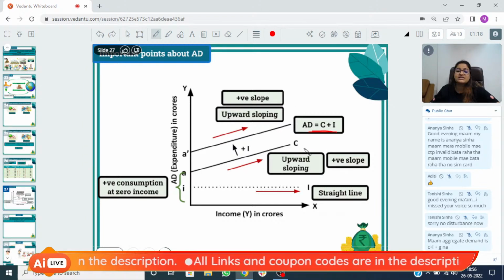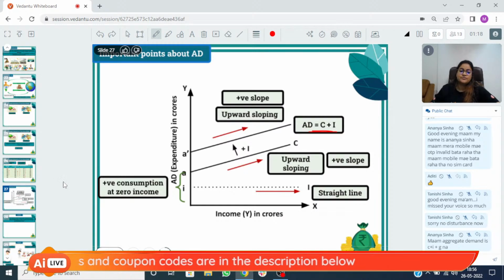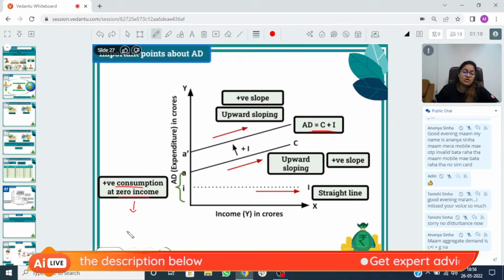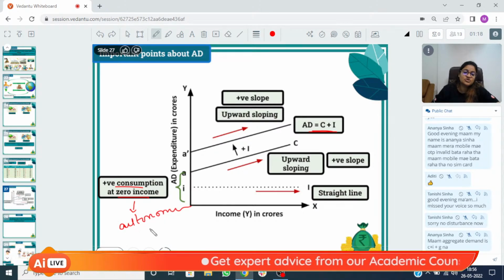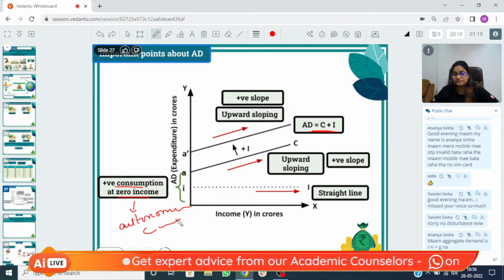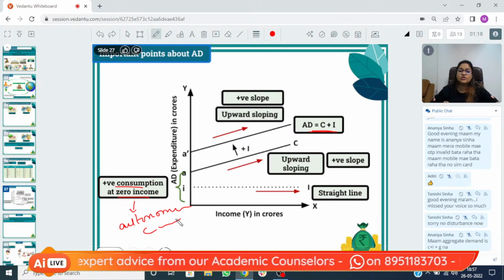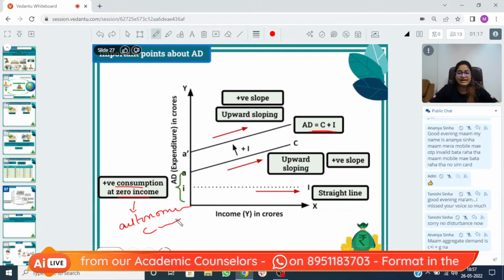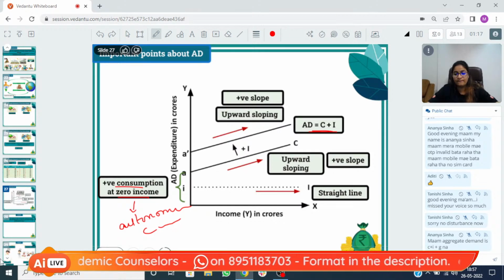Correct? So we say it is a positive slope. And investment curve is a straight line. So positive consumption at zero level of income is called as what? It is called as autonomous consumption. Correct? No, Ananya, for a two-sector economy, it is C plus I, as I have just told you all.